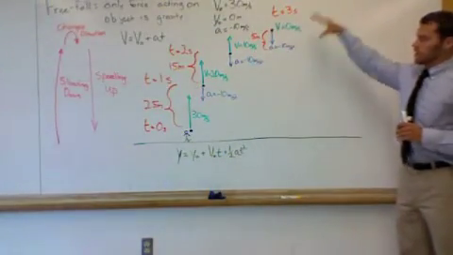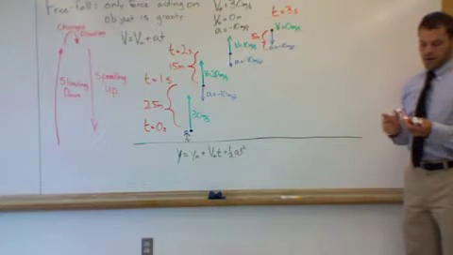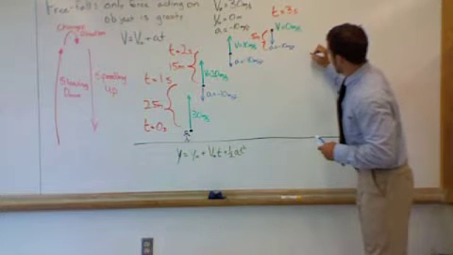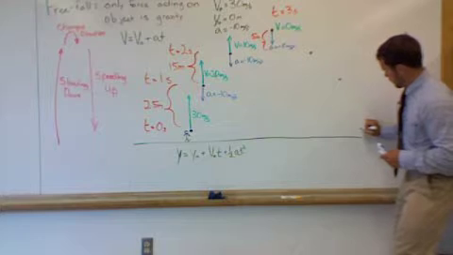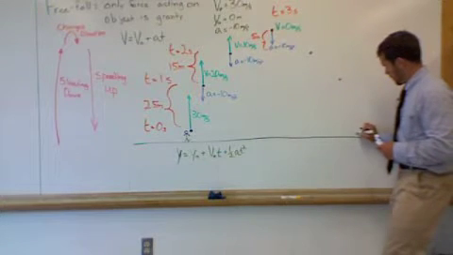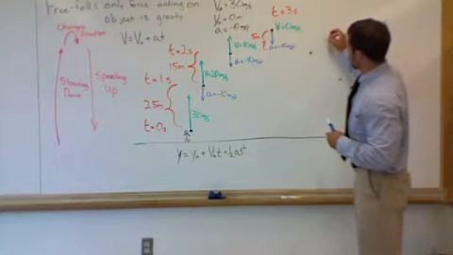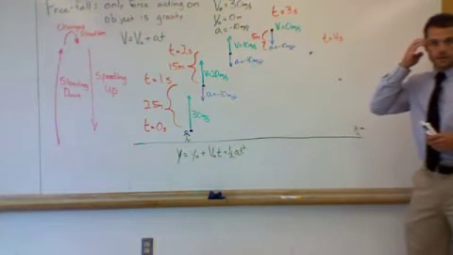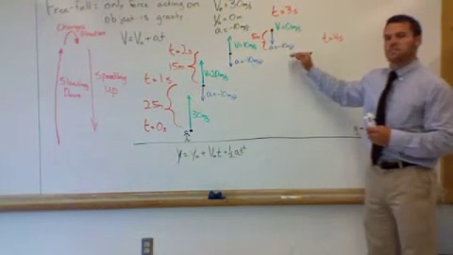So here we have the projectile traveling upwards. Now we're going to look at what happens as it starts falling back down to the ground. So at 4 seconds, it's now starting to speed up.